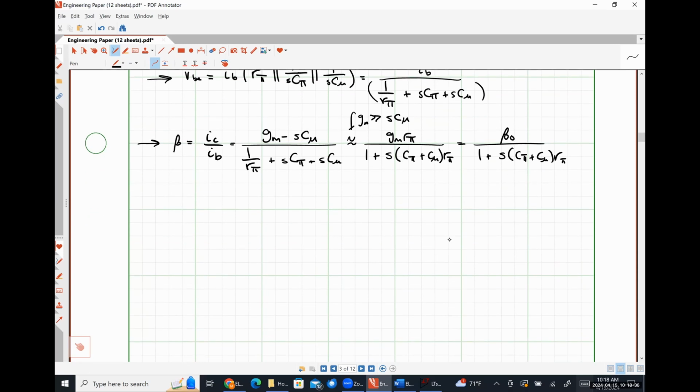All right. So if I were to plot beta as a function of frequency, it would look something like this. Here's the magnitude of beta measured in decibels. Let's put here beta naught. Let's do this in blue just for argument's sake.